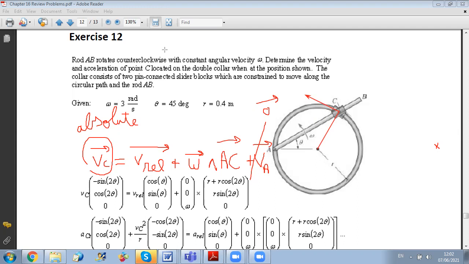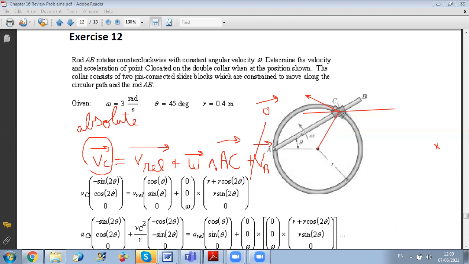Now, in order to decompose this vector, I need to know what angle it makes with the horizontal direction. So I need to determine what this angle is. To do so, I can just do a small mathematical analysis.